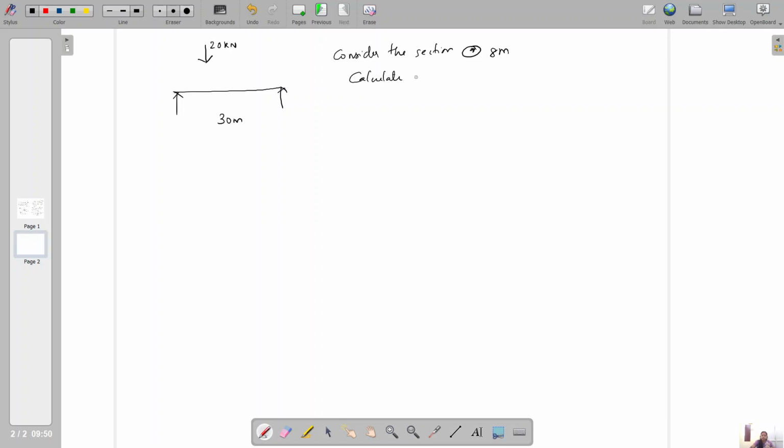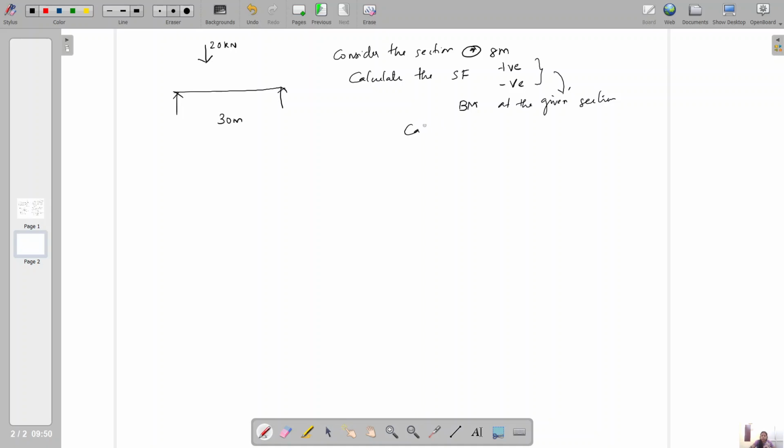Calculate the shear force values. If shear force is asked, we have to find the negative shear force as well as the positive shear force, and also the bending moment at the given section. This is for the given section problem.